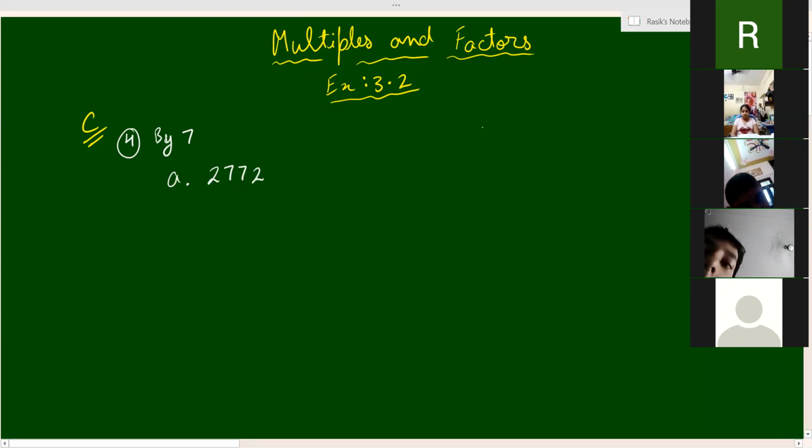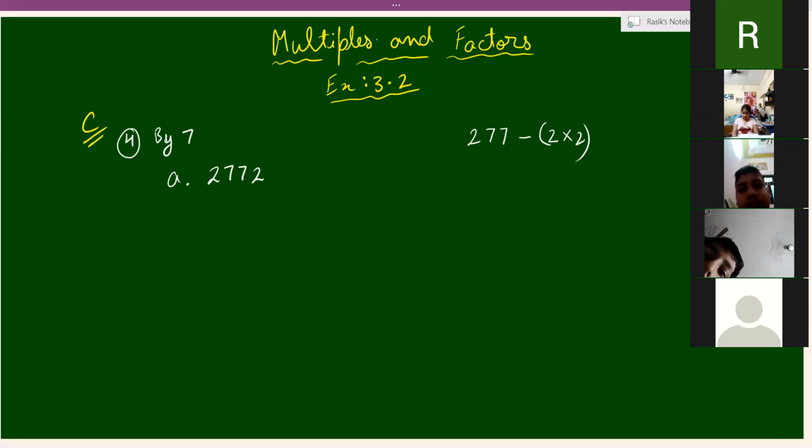The method is very simple. You write the first three digits of the number, 277. I removed the last digit. Now you multiply the last digit of the number by 2. What is the last digit? 2. Multiply the last digit by 2.